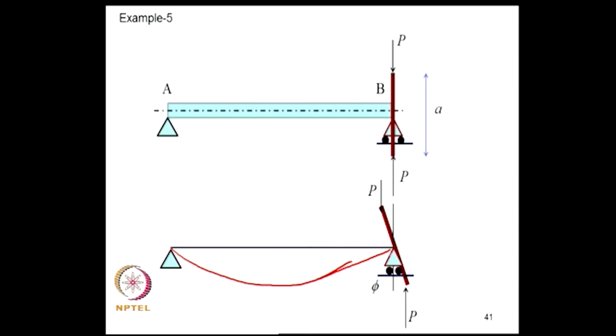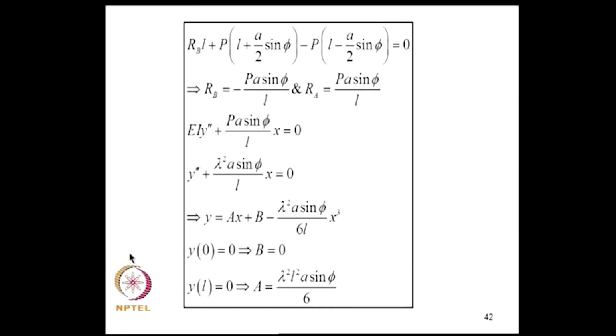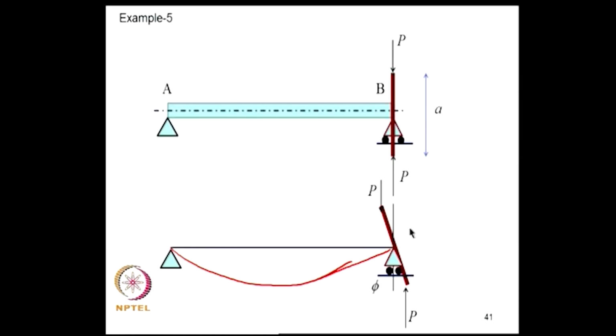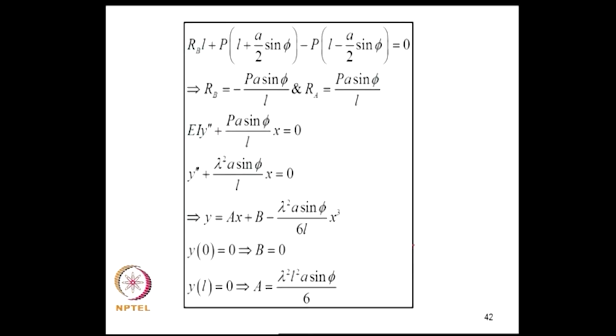Now, we will find the reactions. See, if this angle is phi, and this is A, so this load will be acting at L minus A by 2 sin phi, and this load will be acting at L plus A by 2 sin phi, and consequently we can take moments and find out the reactions.